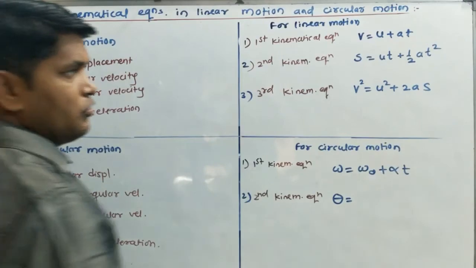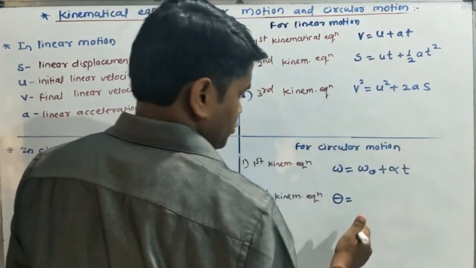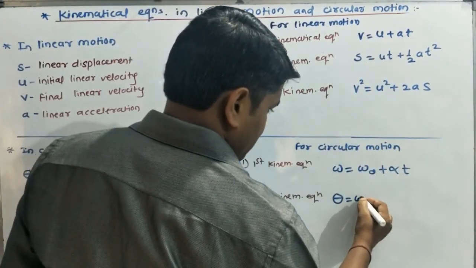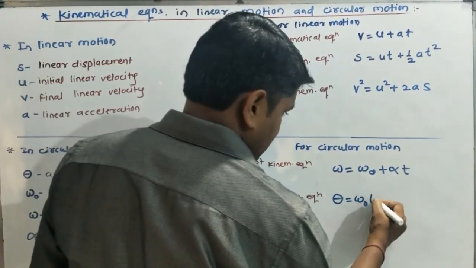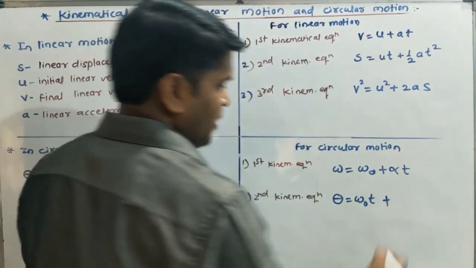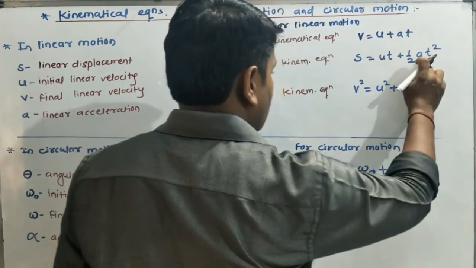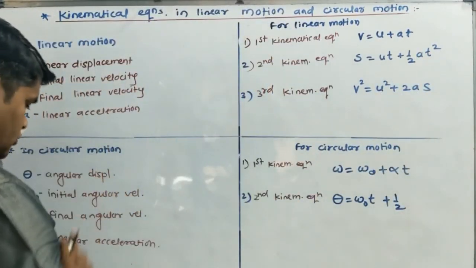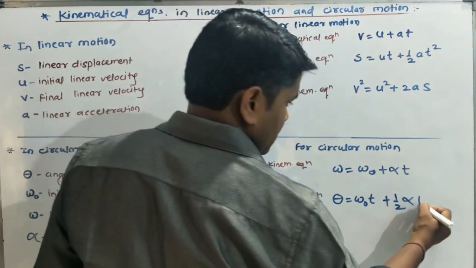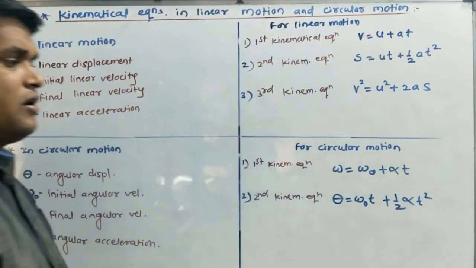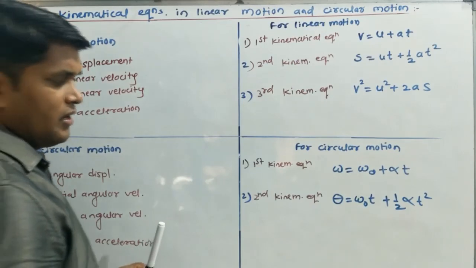Theta. u means initial linear velocity, so here we have initial angular velocity omega 0. Time is as it is, plus half. a means linear acceleration, so for circular motion it is alpha, and t as it is. This is t square. This is our second kinematical equation.